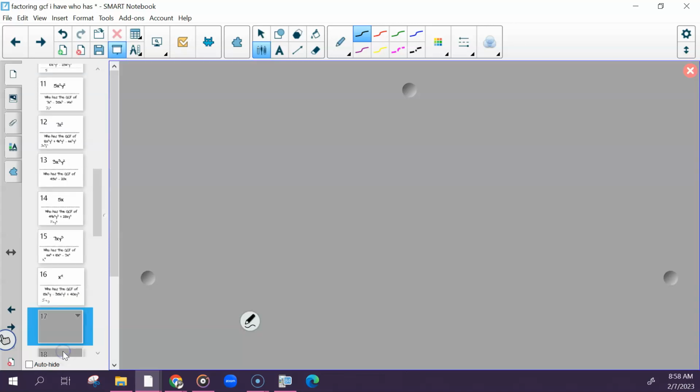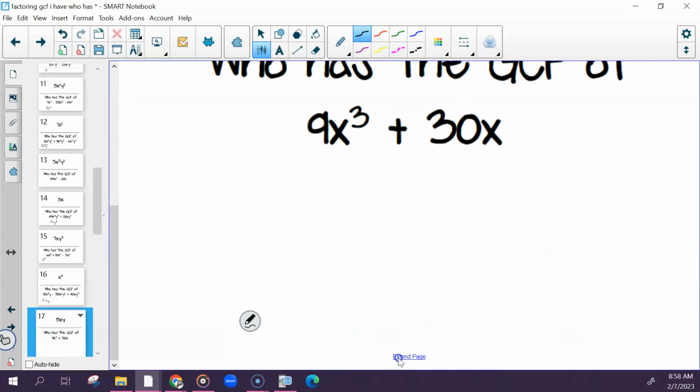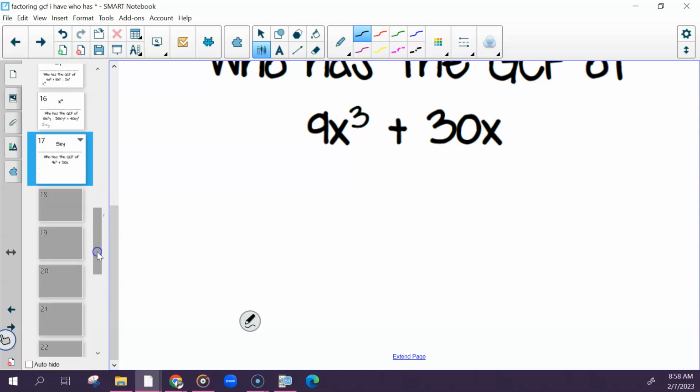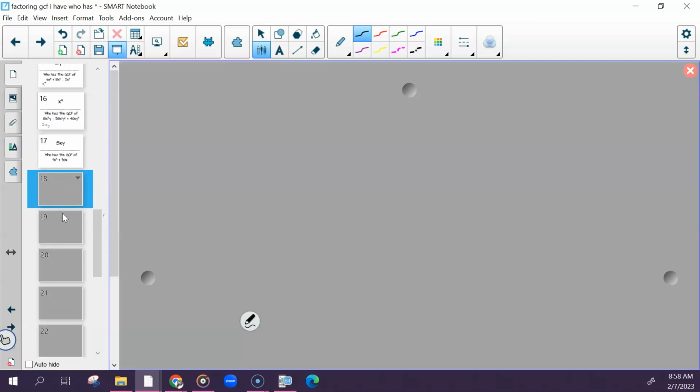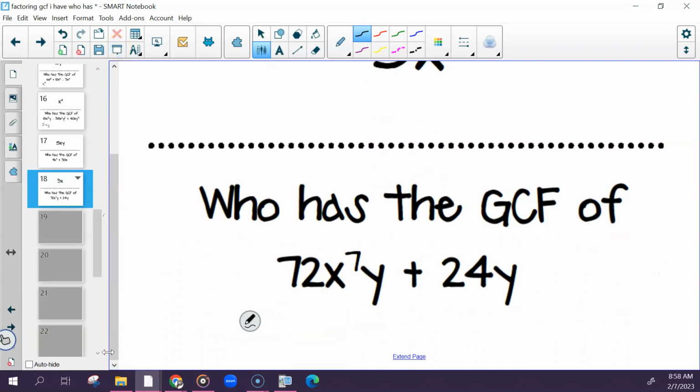What's the GCF of 9x to the 3rd power plus 30x? That might actually be me. Yeah, okay. So 3x would be the GCF of that one. Who has the GCF of 72x to the 7th y plus 24y?